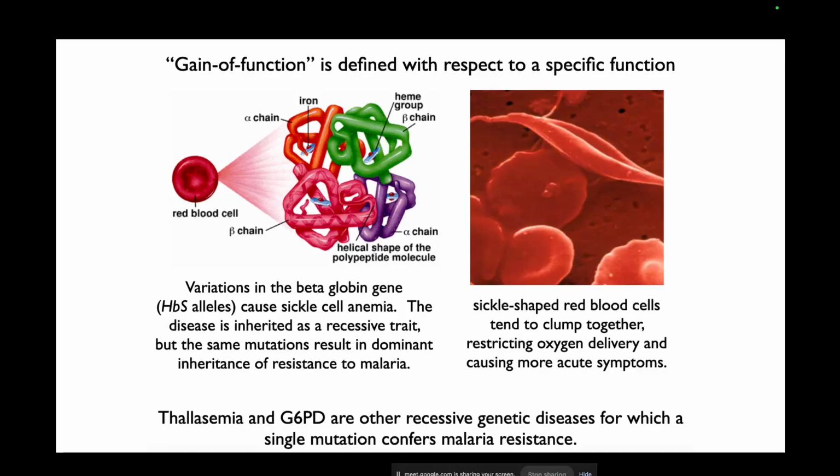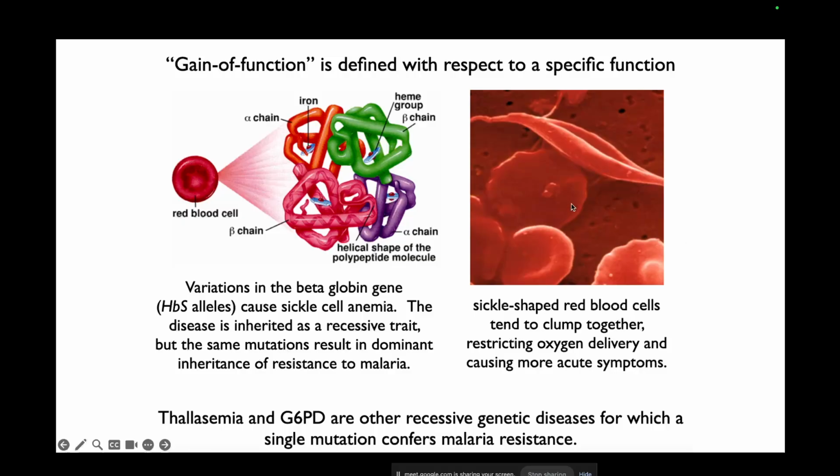So the last example here is the gain of function. This is also a very interesting example, and it is also very prevalent in India. I hope all of you are familiar with the hemoglobinopathy sickle cell anemia, where your red blood cells go from a normal cell to a sickle shape, which has less surface area and less ability to carry oxygen in the body.